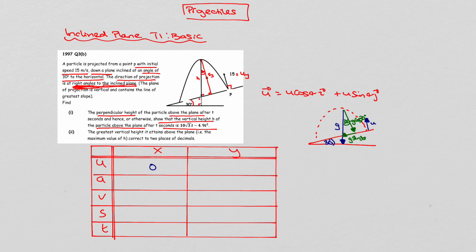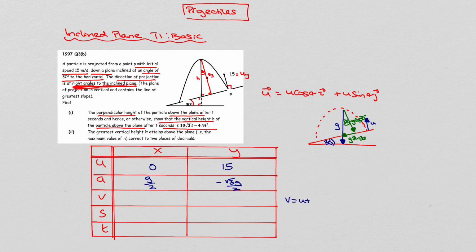So therefore that's 15. A in the X direction, we saw, is G sine 30. So sine 30 is a half, so that's going to be G over 2. And in the Y direction, it's minus G cos 30, and cos 30 is root 3 over 2. So that's minus root 3 G over 2 for our acceleration in the Y direction.